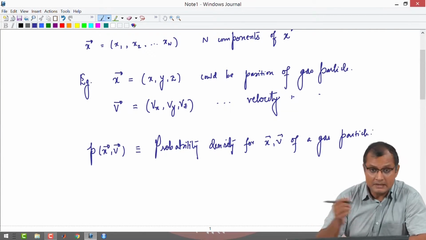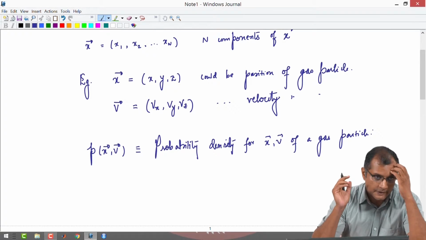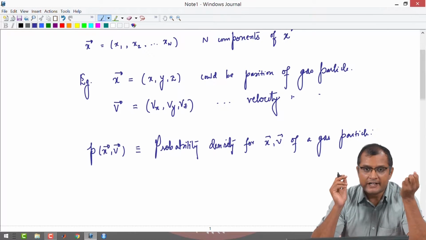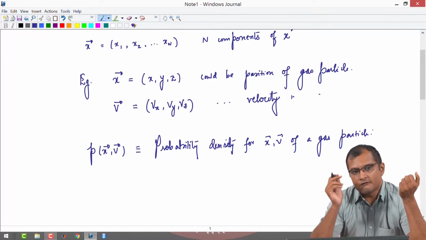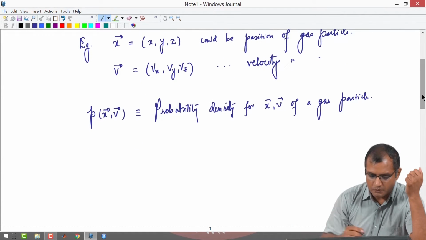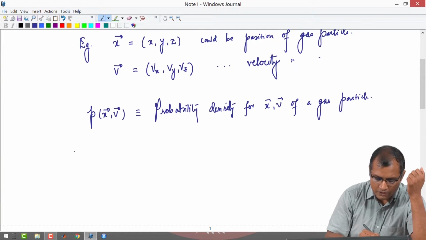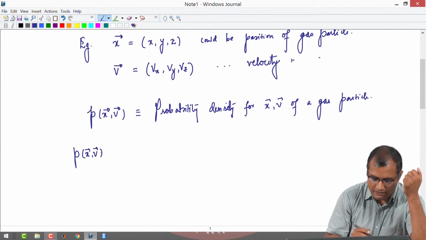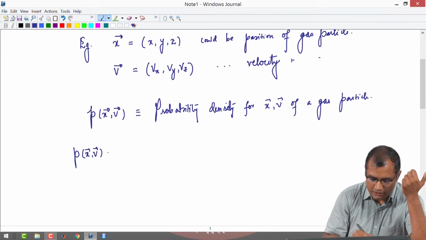This simply means that if I want to know the probability of finding a gas particle in the neighborhood of some x, v, which is the position and momentum in this room, then I simply have to compute P of x comma v into d cube x into d cube v.